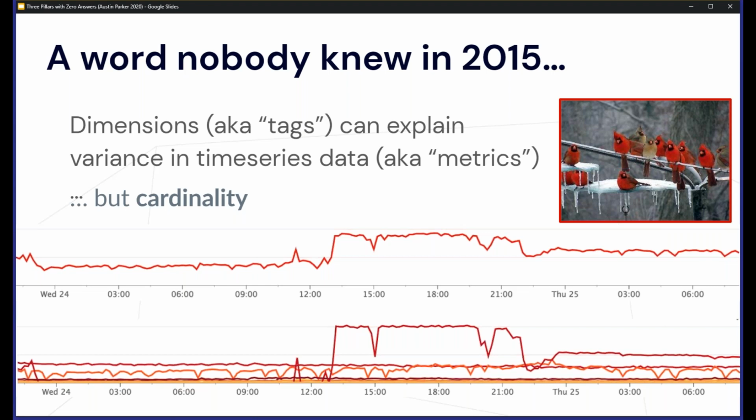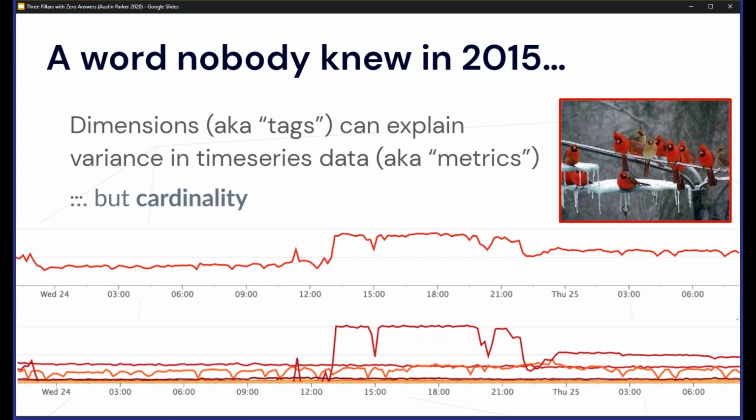Now I can look at this and see that around 1300, 1 p.m., some sort of anomaly happened. This time series looks different. If I'm on call and I see this line go up, my question is obviously what happened? Well, we need to refine this data more. So I have tags on my time series and I can group by that tag, and now I get a new set of lines where I can see that the anomaly came from one particular value for the tag, which is what you see on the bottom graph here, right?